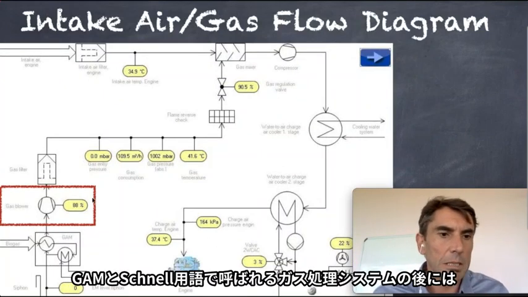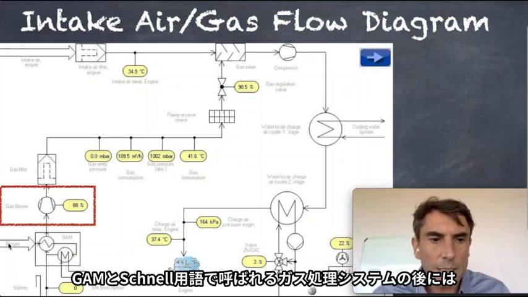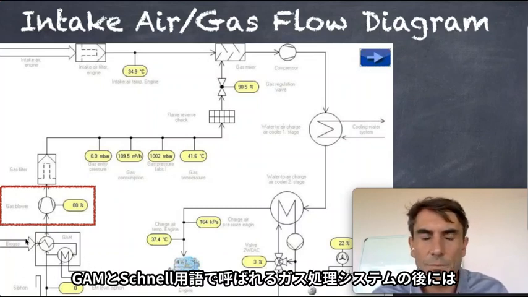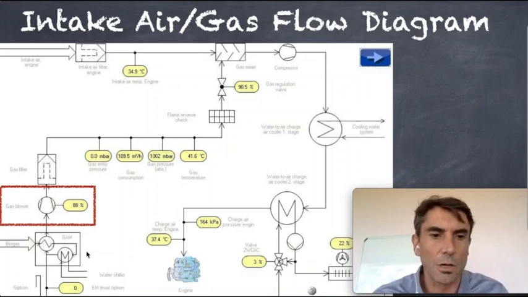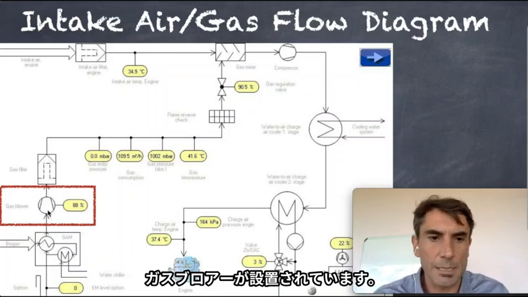Then after the gas regulator, there's a design standard from Schnell called GAM. It's actually a gas treatment system. You use your own gas treatment system, so we will not talk about that point. But after the pressure regulator, we run into the gas blower.